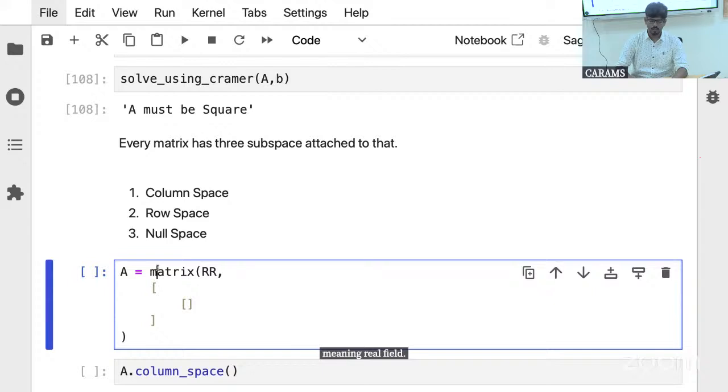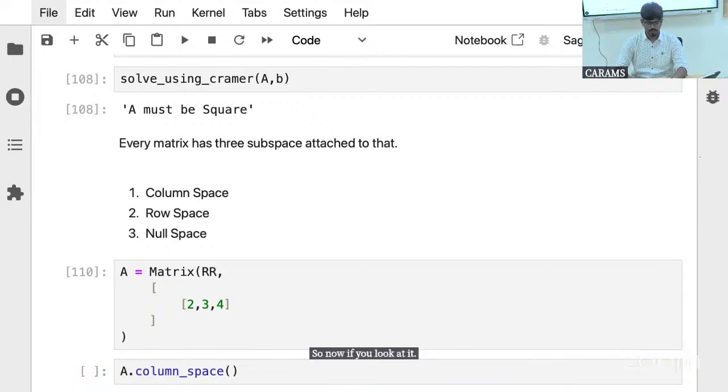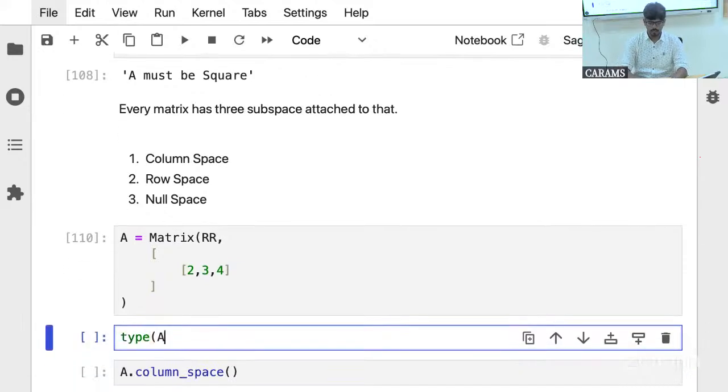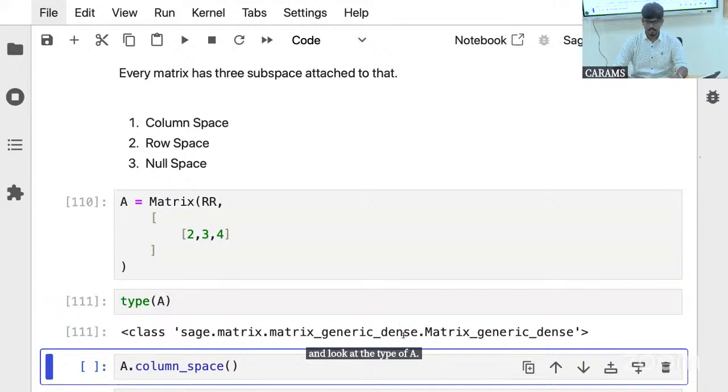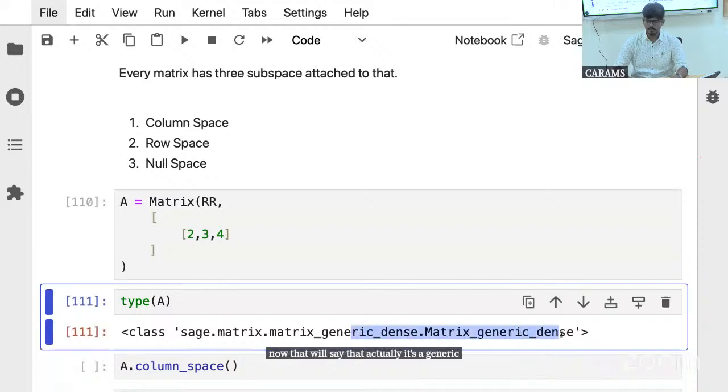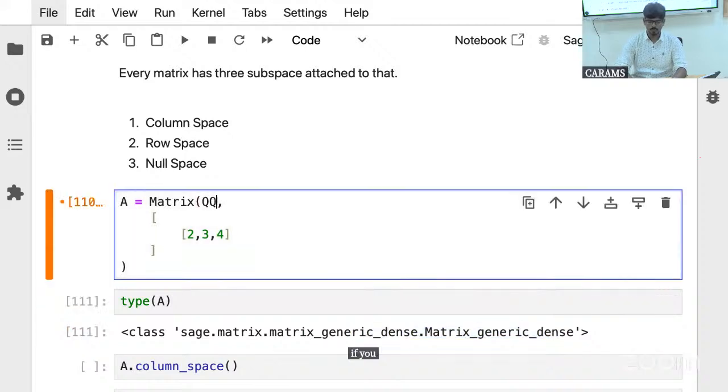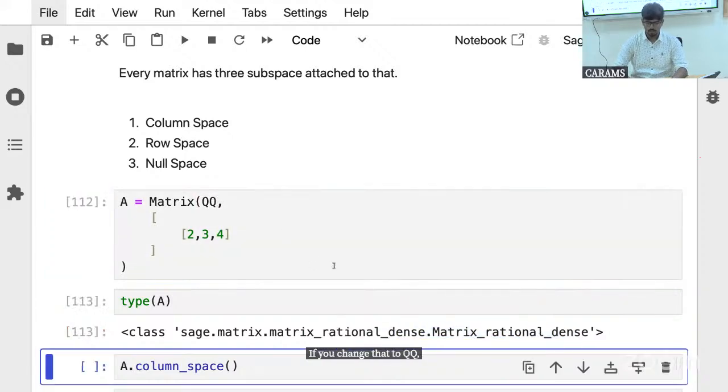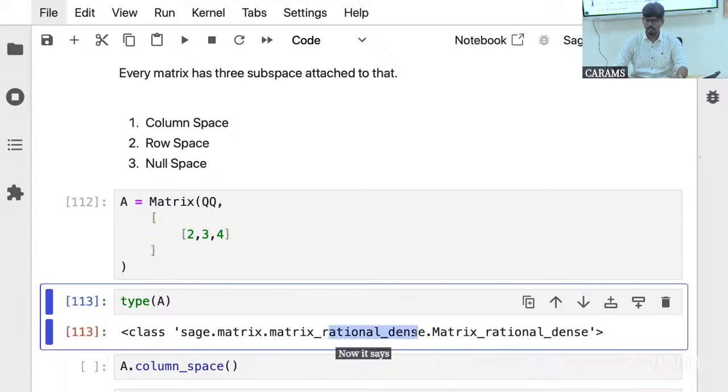The other way of doing that is actually using the constructor with a capital M. Now if you look at the type of A, it says it's a generic dense matrix. If you change that to QQ, now it says generic rational dense.